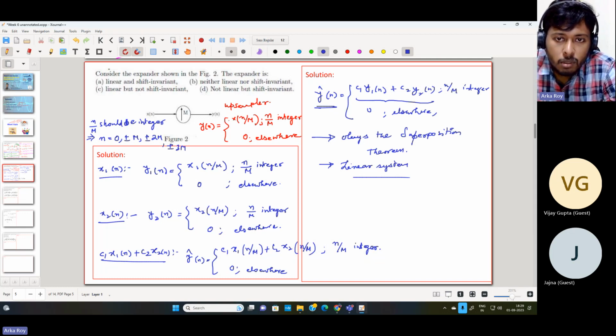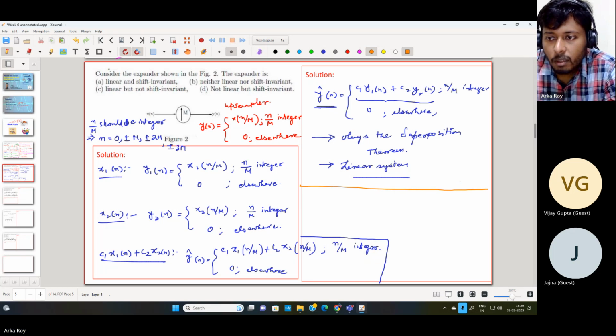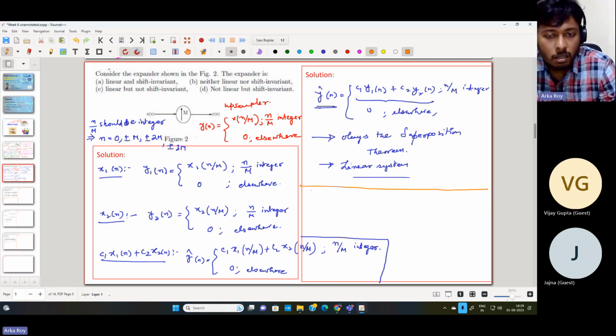Now what we have to do is check whether the system is shift invariant or not. So let me create some space for this. To understand whether the system is shift invariant or not, we'll start with some value-based examples.